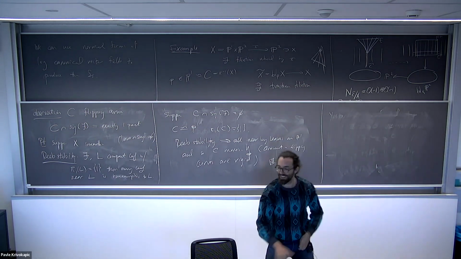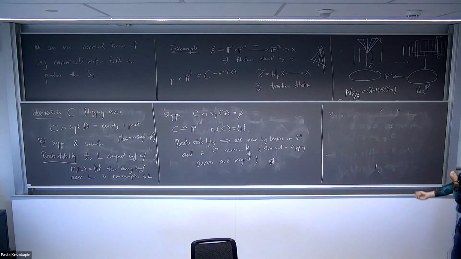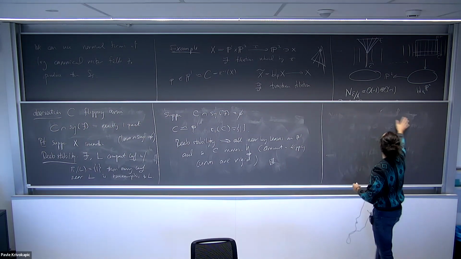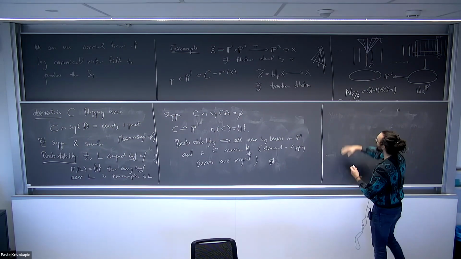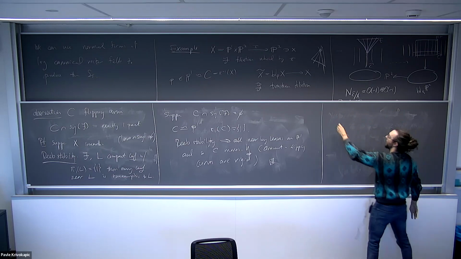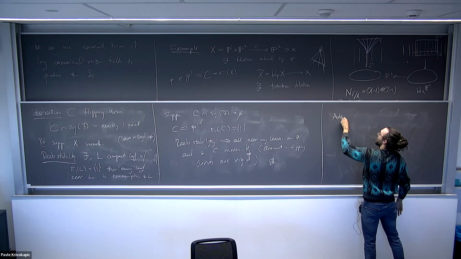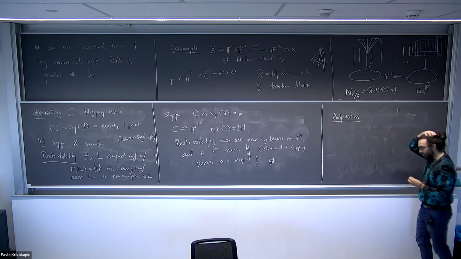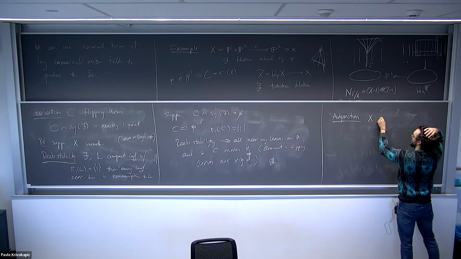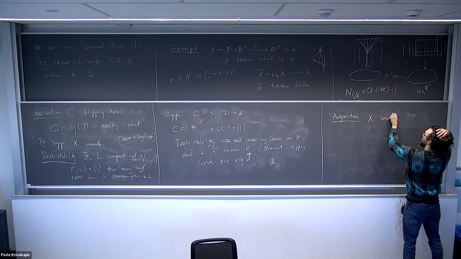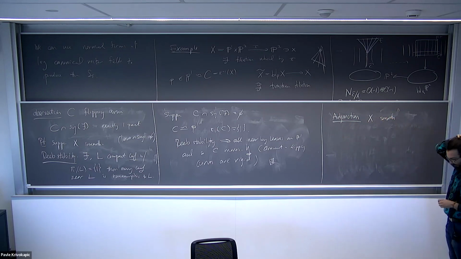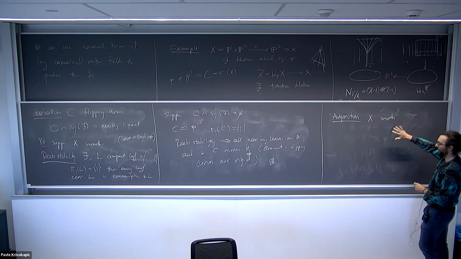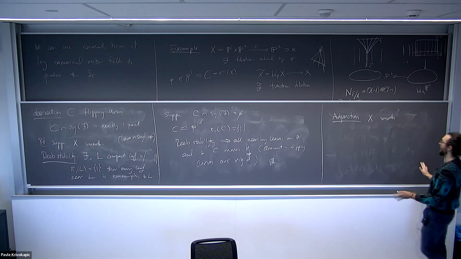So thanks for asking. The observation goes back to adjunction. Let's again suppose that X is smooth. When X is singular, you have to be more careful, but it's not a big deal.